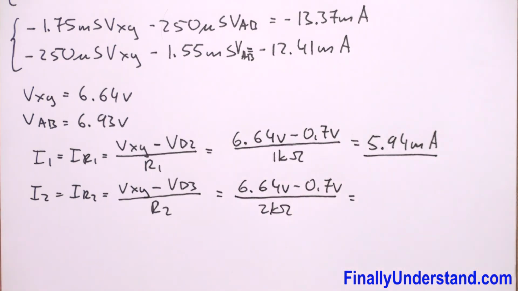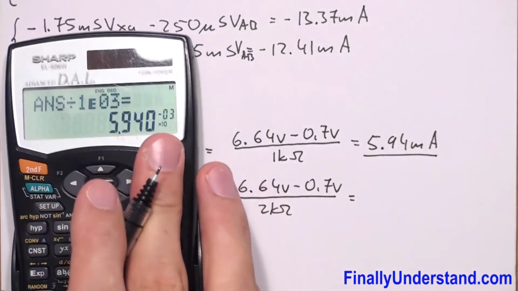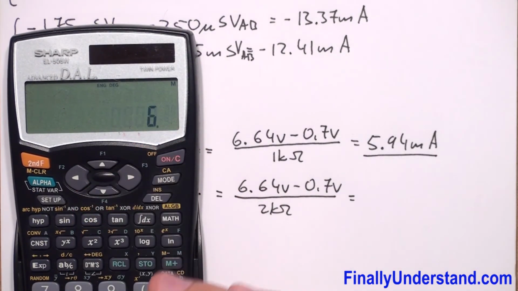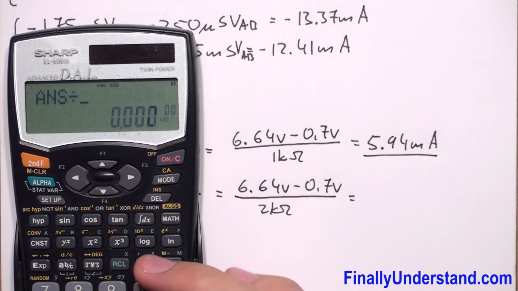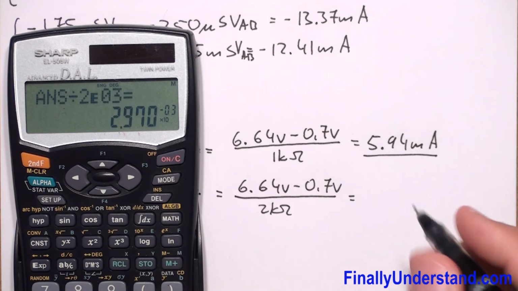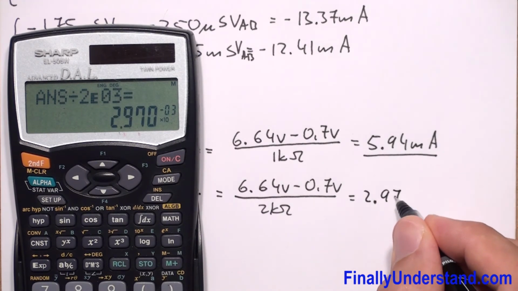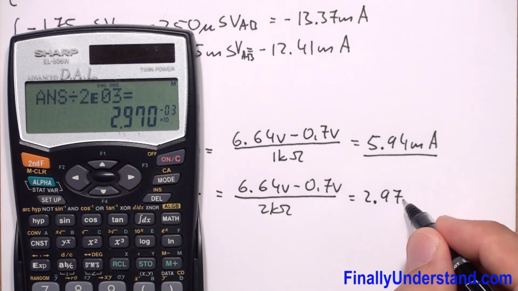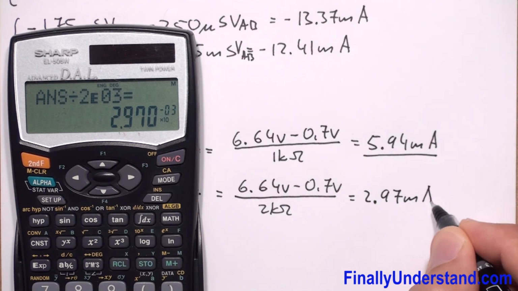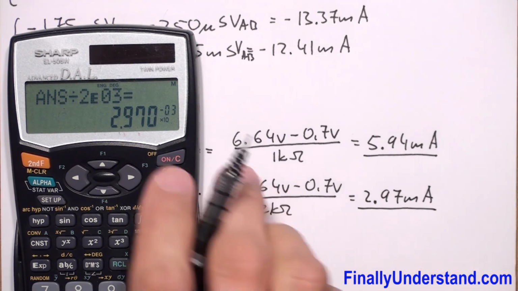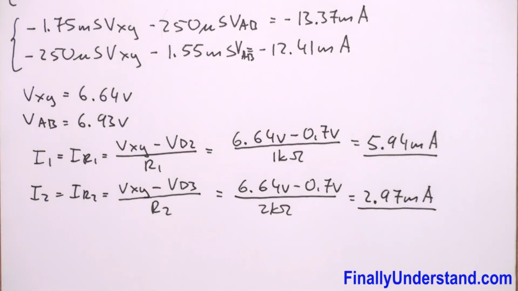Okay, so we have 6.64 minus 0.7 equals, divided by 2 exponent 3 equals 2.97 milliamps. Okay, so this is the current which will go through resistor R2.